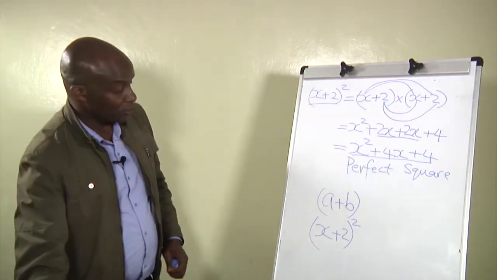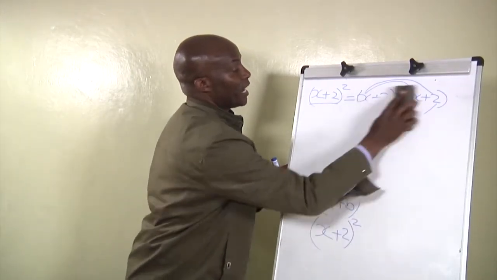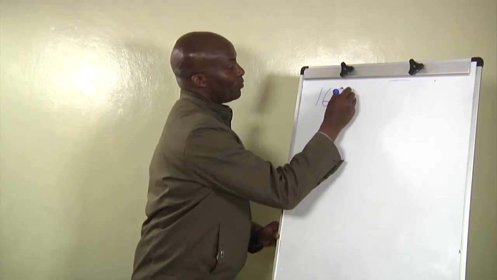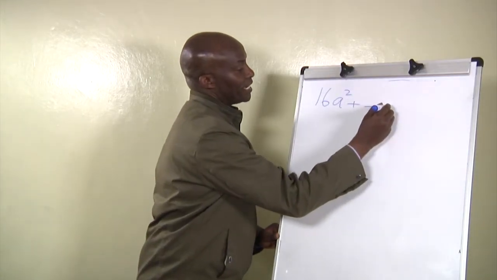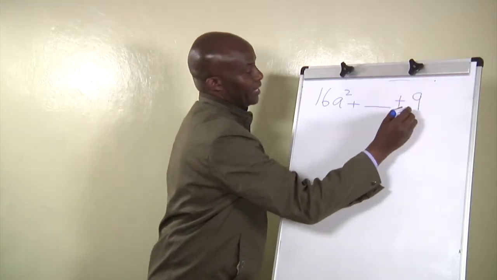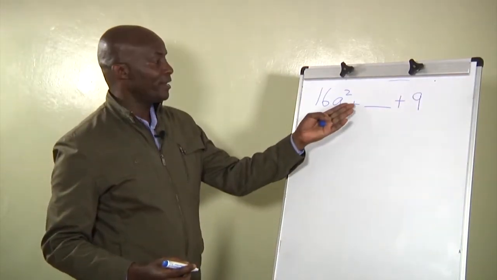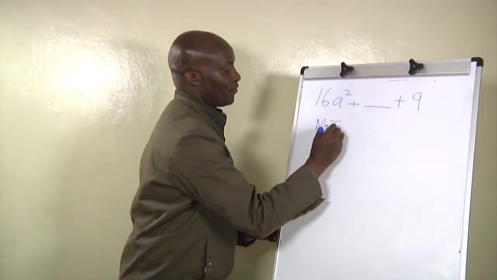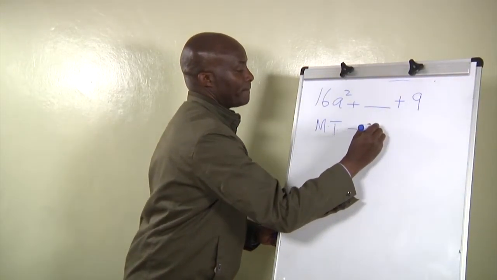Now, we also talked about how you determine, if you are given 16a squared plus dash plus 9, and you are asked to determine the middle term, MT, standing for middle term.